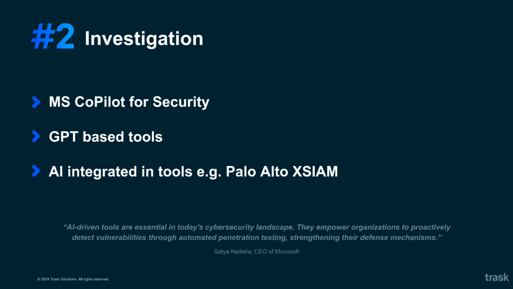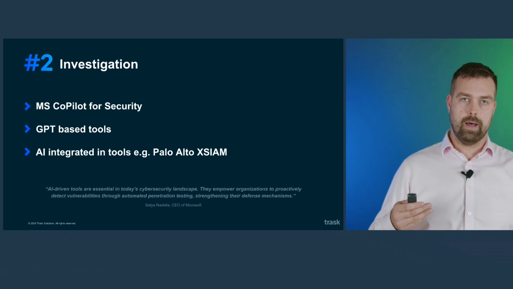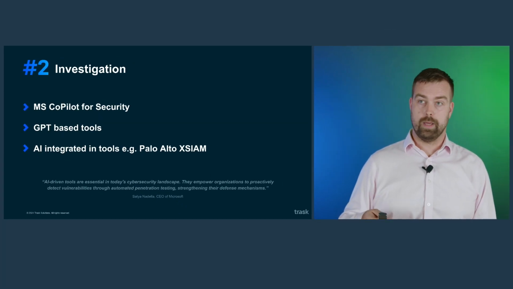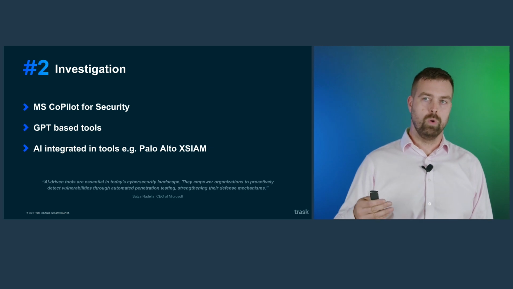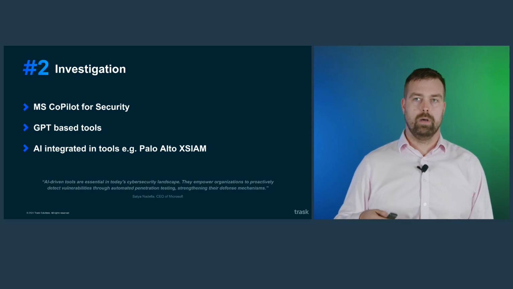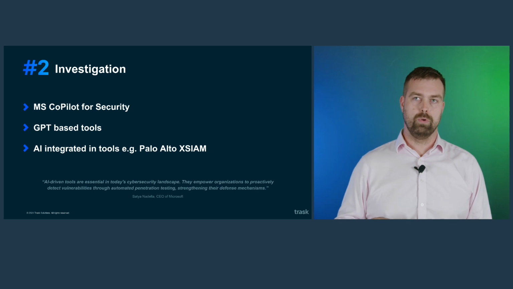There are also, because all those big cybersecurity vendors understand that need, they are implementing AI and large language models in their products, like Palo Alto, for example. So you can talk with that tool in natural language and get some context out of it.